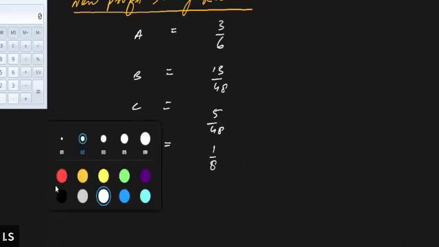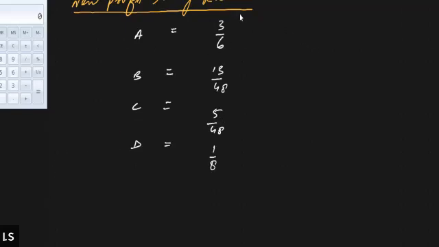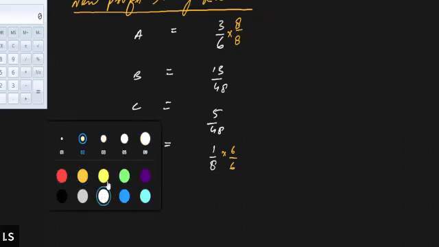Now, since the bases are not equal again, we need to equalize the bases of all the shares. For that purpose, we can multiply the numerator and denominator in case of A by 8, and in case of D, we can multiply it by 6, right? So we will get the bases equal.